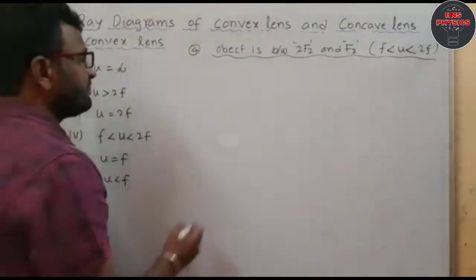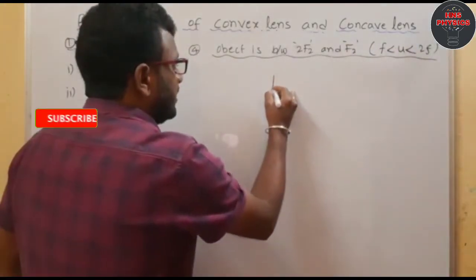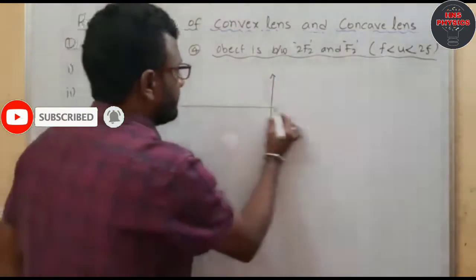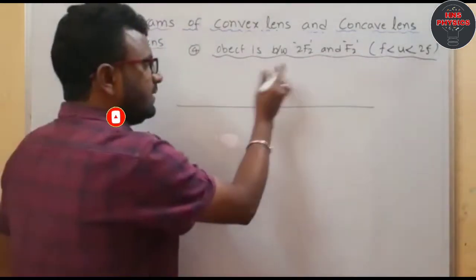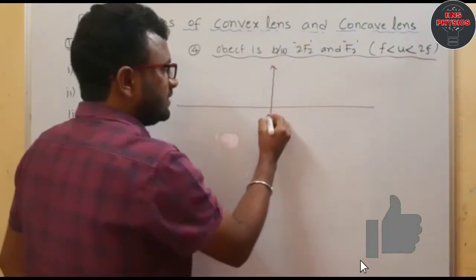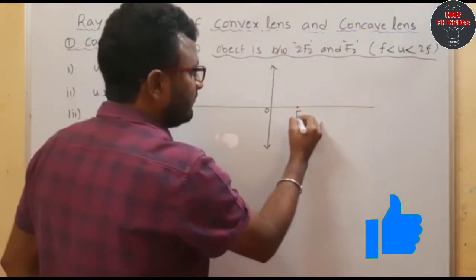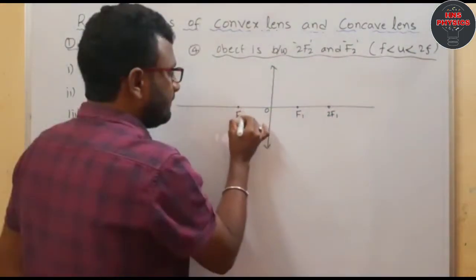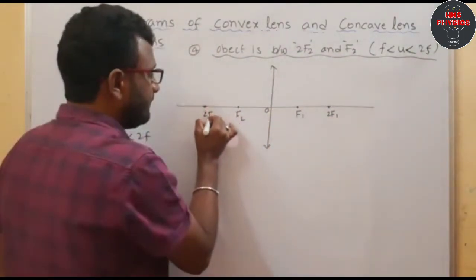Right. See here, I am taking a convex lens. This is a convex lens symbol. So optic center, f1 and 2f1, f2 and 2f2.